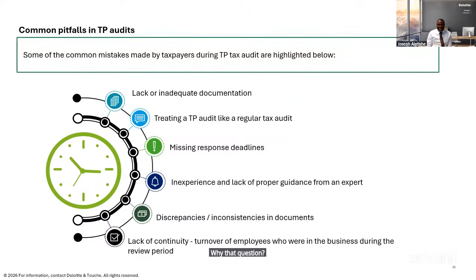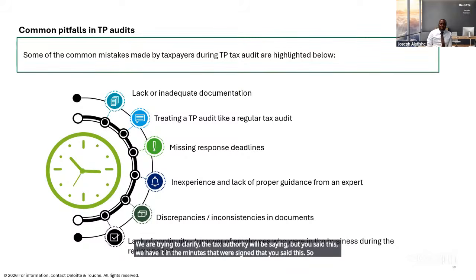The way you answer it may not be wrong, but may not address the issue, and then lead to unnecessary friction post-audit. Because at the reconciliation stage, when you're trying to clarify, the tax authority will say, but you said this, we have it in the minutes that were signed. So this is a common pitfall we see in transfer pricing audits.